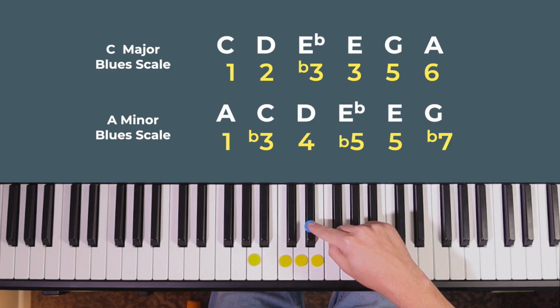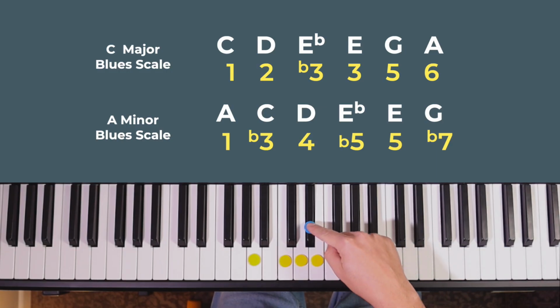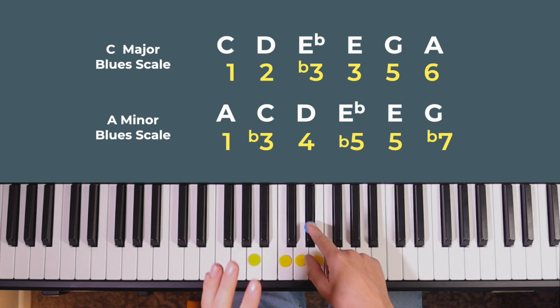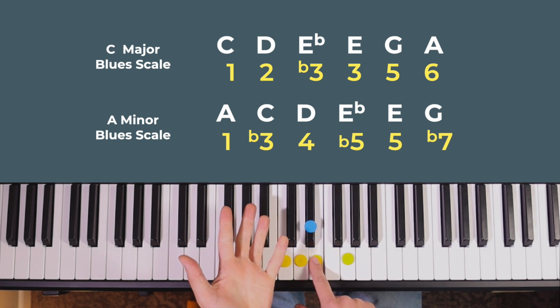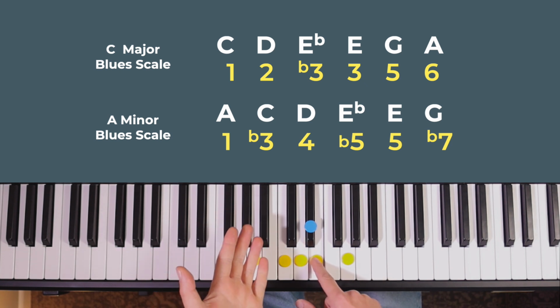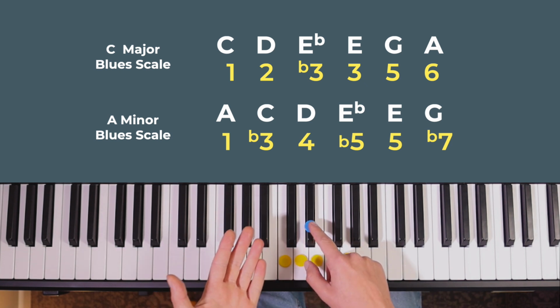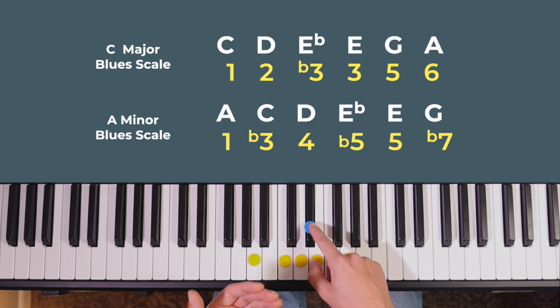The E flat is still there, but now we call it a flat 5 instead of a flat 3. It was a flat 3 when we measured how far it was from C, but now it's from A. So A, B, C, D, E, that's 5. And that would be a perfect 5th, so the one below a perfect 5th is the flat 5.